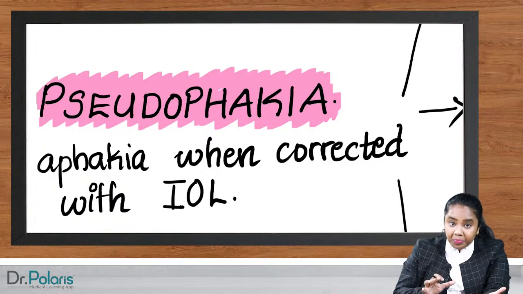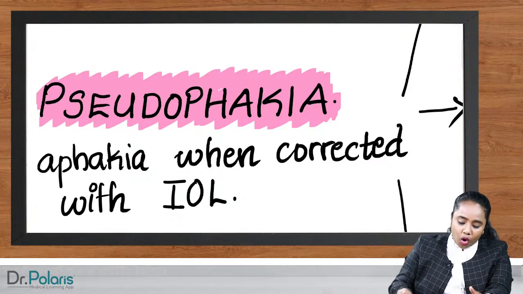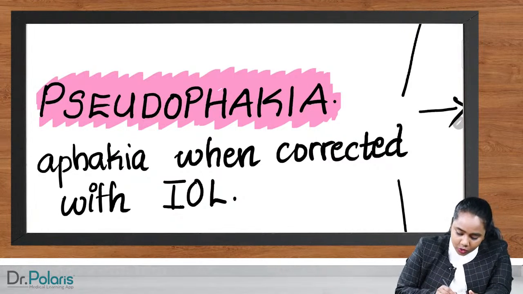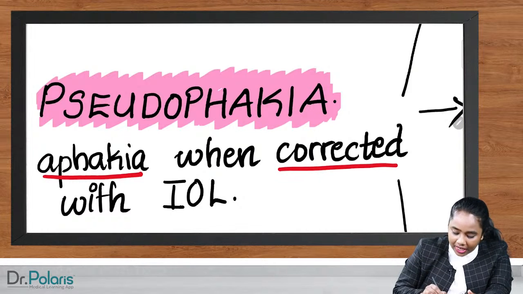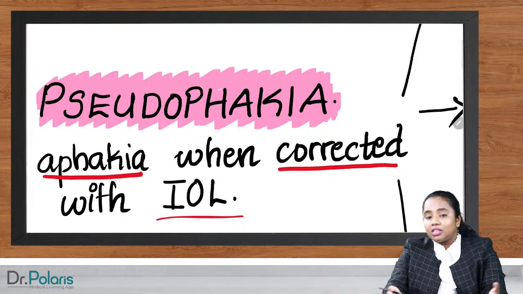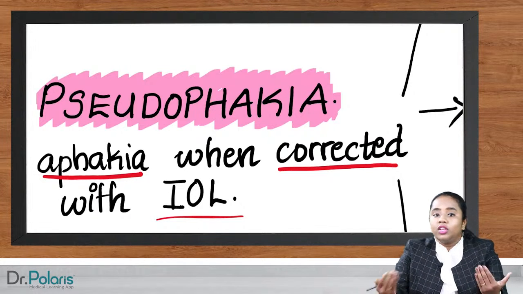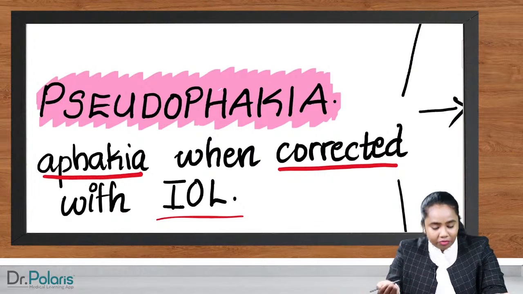So aphakia, when it is corrected with an intraocular lens, is what we are discussing here. There is an aphakia in a patient, but you have corrected it with an intraocular lens. There is a new lens inside, but it's not the original crystalline lens of the human eye. So when a new lens is inserted, you call it pseudophakia.